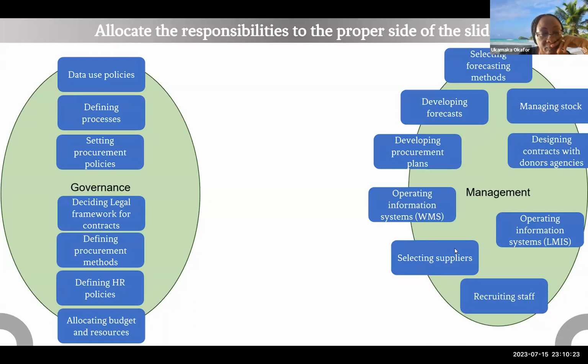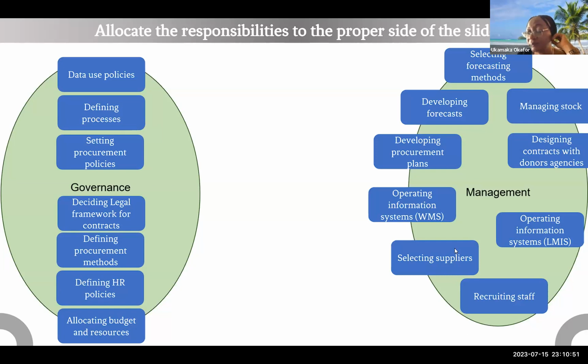So that is management. But whoever is involved in setting up those policies, processes, methods, or allocating resources and budgets, that is where this entire debate of governance lies. And that is what we are trying to tell you through this session: the governance issues are slightly broader and affect the entire system of supply chain.